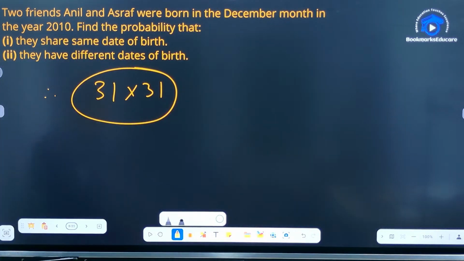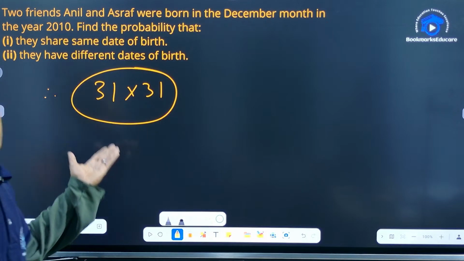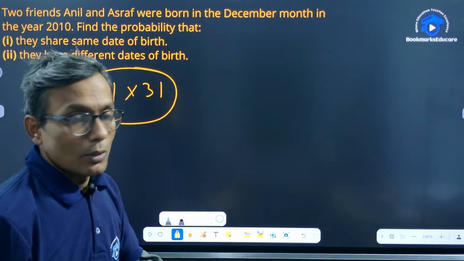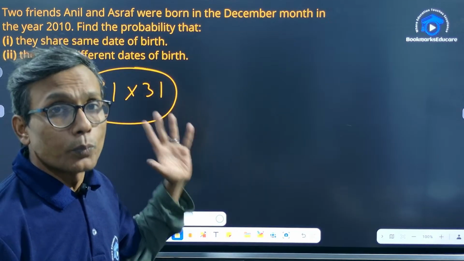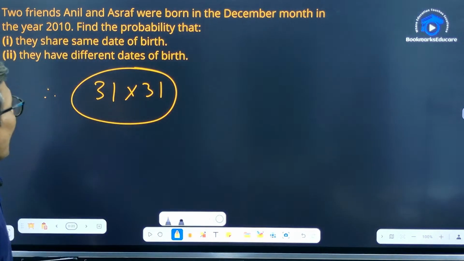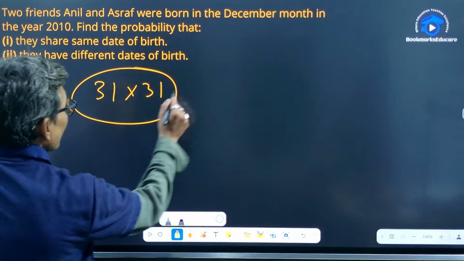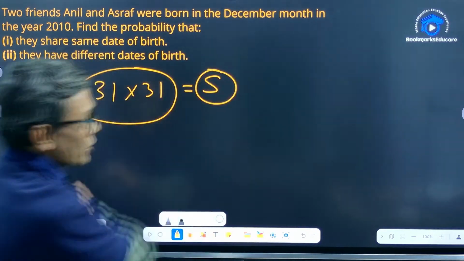Okay, so this is the birth date pair of both Anil and Ashraf. This is the total possible outcome, that is the sample space.